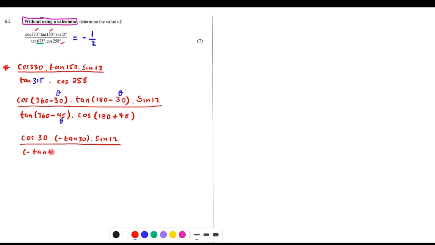And then 180 plus theta is in the third quadrant, but cos is negative there, so you're going to have negative cos 78.